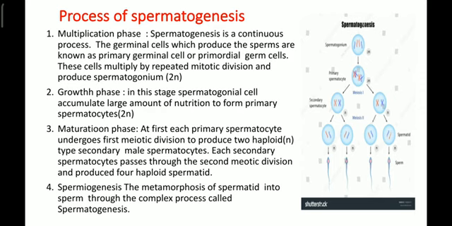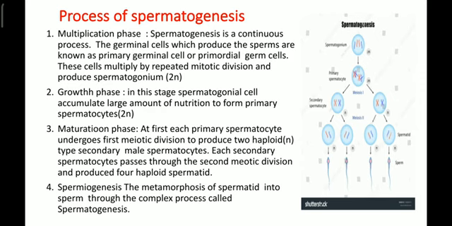Sertoli cells provide nourishment to the developing spermatogenic cells, and spermatogenic cells give rise to spermatogonia, from which sperms are produced. This is the simple structure of the male gonad, or testis, and the process of spermatogenesis occurs in it.